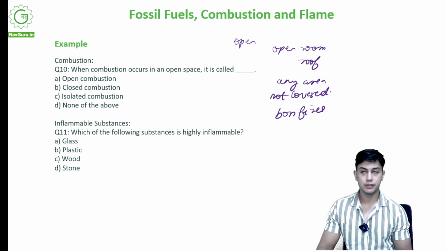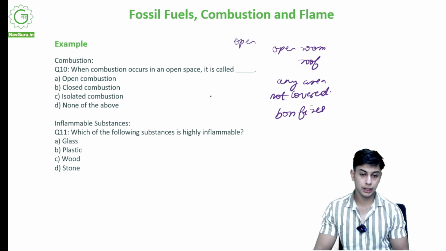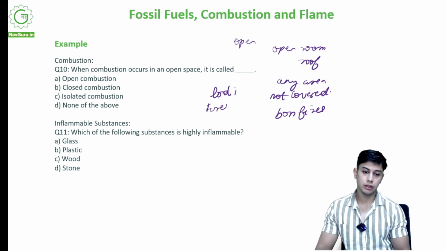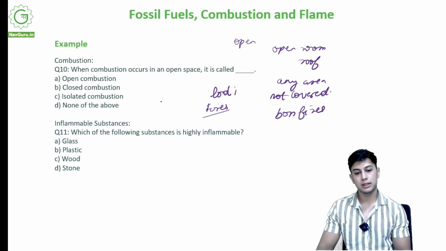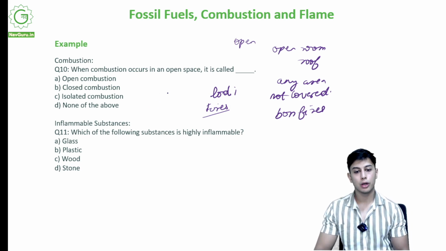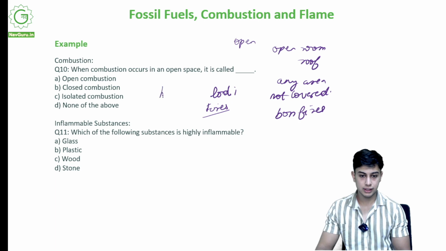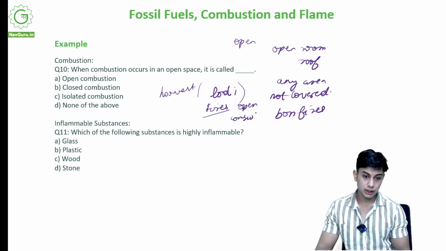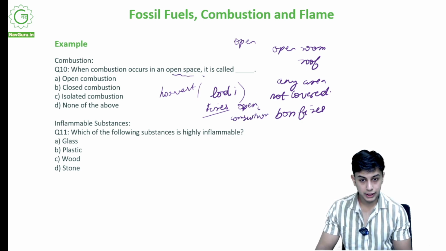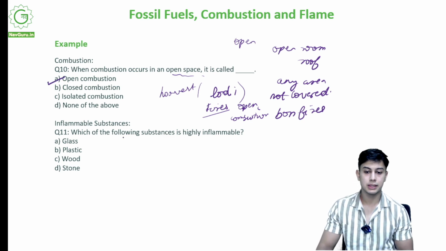You have seen in India we celebrate Lohri. There are a lot of fires everywhere. They put a lot of wood together, we burn it, we throw some crops into it, the harvest, that is Lohri. That is also open combustion because it is being done in the open space, open area. Answer is open combustion.